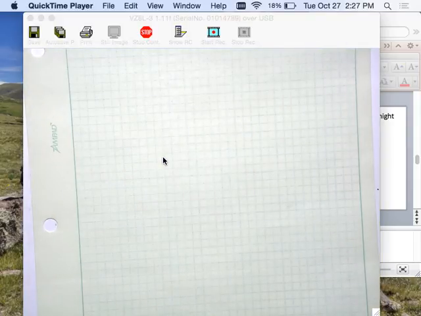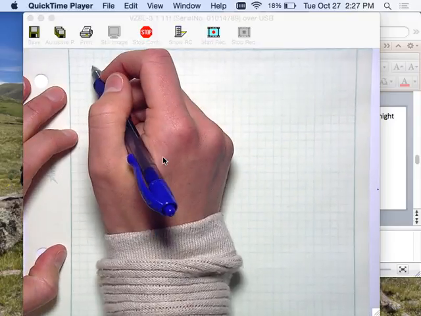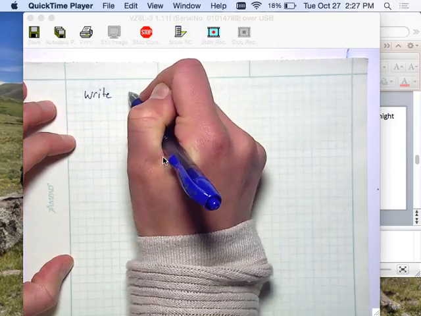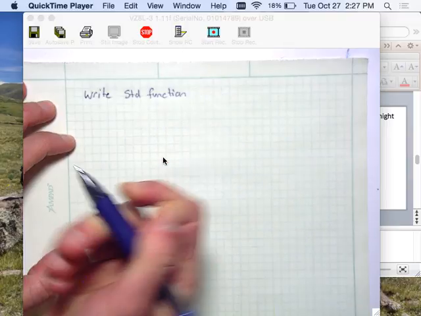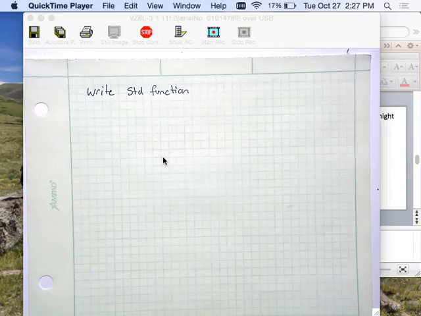So we're going to start by thinking about the steps, or the human steps, how we'd go about this. Our goal is to write a standard deviation function. But we can't use any of MATLAB's intrinsic functions, right? We can't just type std of x. We can't use mean, we can't use sum.